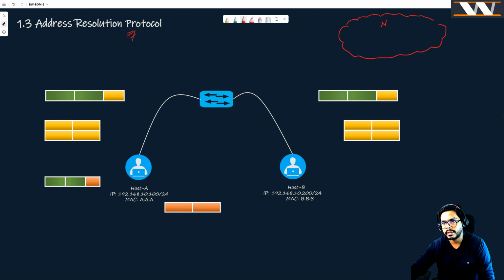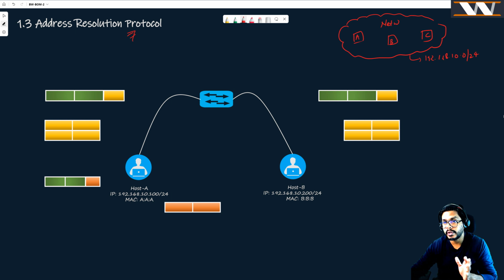This is my network. In this network, there are maybe 2 or 3 hosts, right? The network number is 192.168.10.0/24. It means that there could be 256 hosts in this, right? To be precise, 254. This is host A, this is host B, but the important thing is they all are part of the same network.